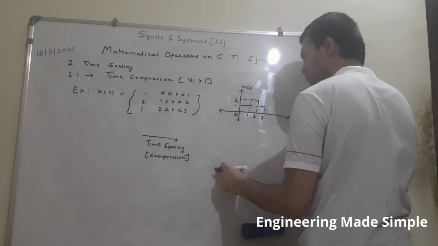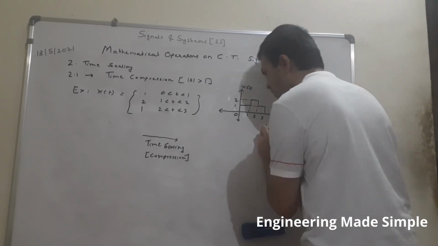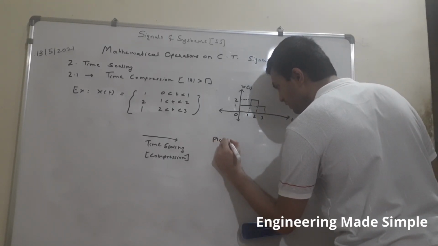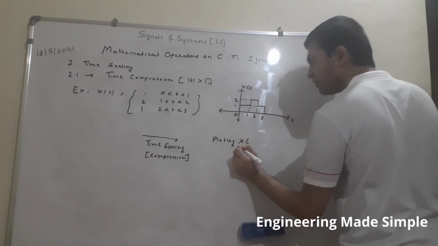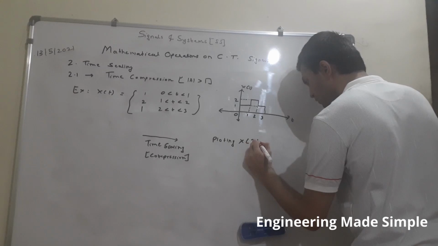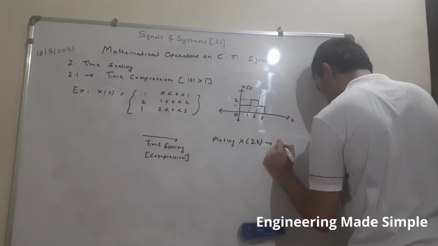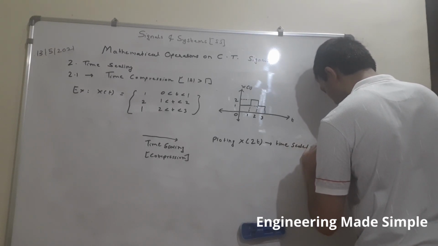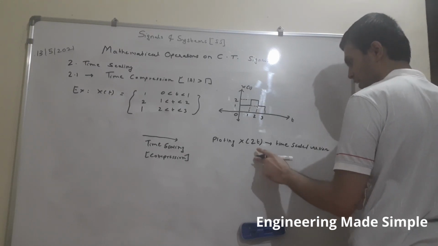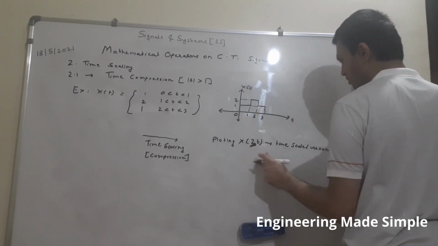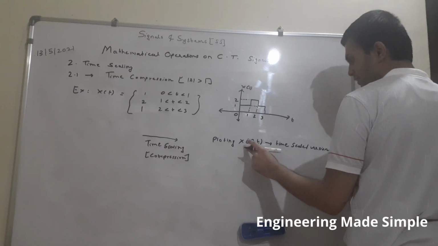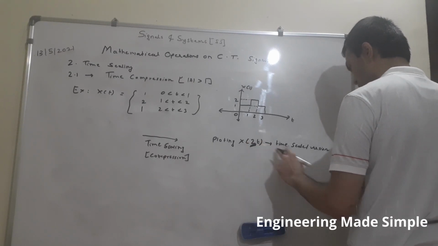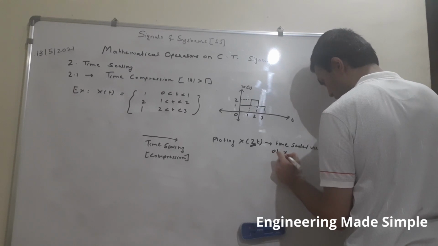When I say we are performing compression, we are interested in plotting the signal x of 2t, which is nothing but the time scaled or time compressed version, as a is greater than 1. In this case, this a is not multiplied to the signal amplitude, it is multiplied to the independent variable time t. So this is the time scaled version of the given signal x of t.